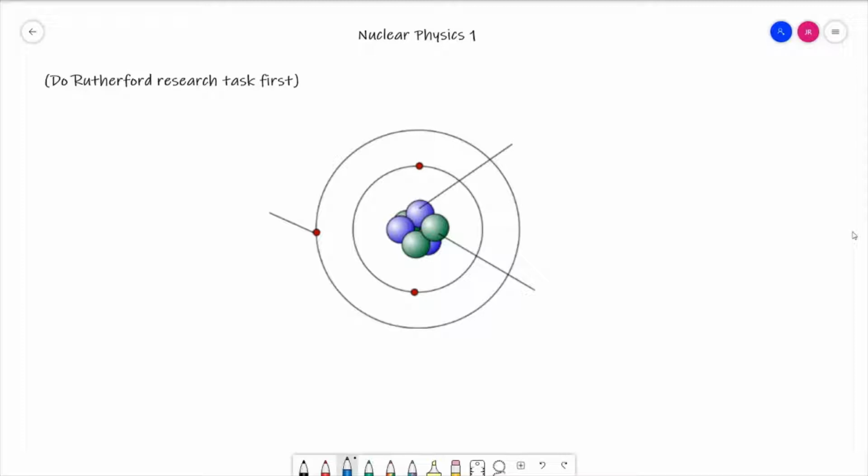Now on the screen I've just put a basic idea, a basic model of what an atom looks like. In the centre of our atom we know that we have a nucleus, and that nucleus is made up of two different particles. It's made up of protons, neutrons, and orbiting around the nucleus we have electrons.